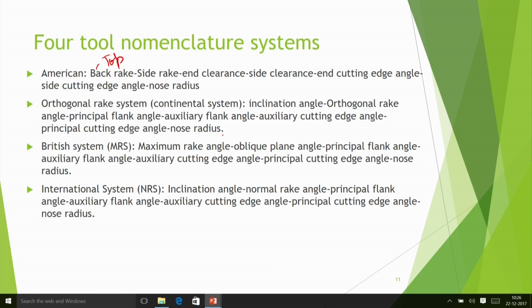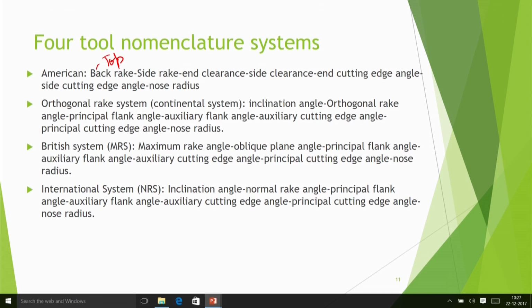Then we have one British system also, that is called maximum rake angle. See, if something is inclined in 2 directions, this plane is inclined this way, and as well as other way. That means there is a slope, suppose in x direction, there is a slope in y direction also. There is a slope in the feed direction, there is a slope towards the radial direction also.